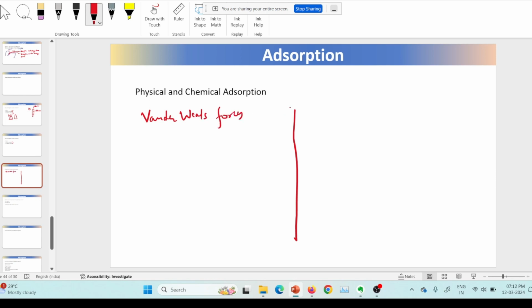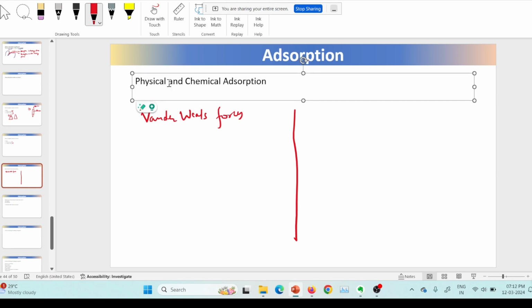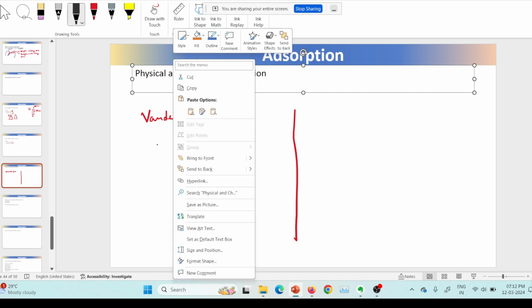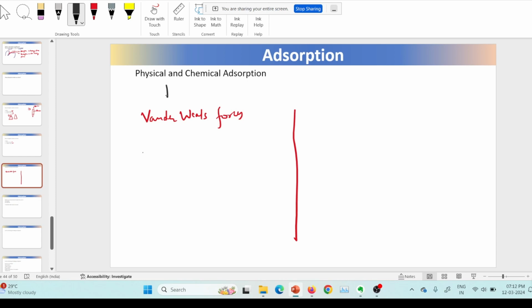While this is physical adsorption, now chemical adsorption.